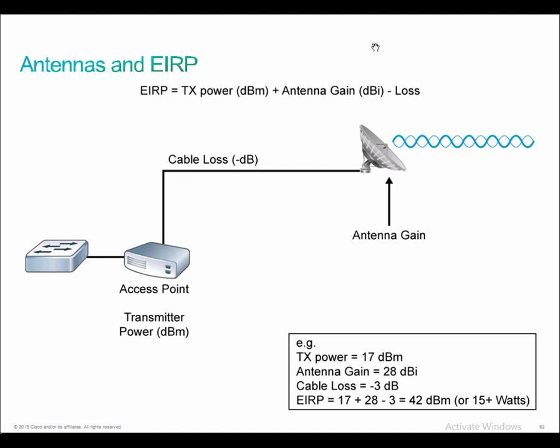All right, so look at this example. The transmit power is expressed in milliwatts. So if we do the math, we will have to convert the milliwatts to dBm. So in this particular case, 17 dBm is actually equal to 50 milliwatts. By the way, how did we do that?